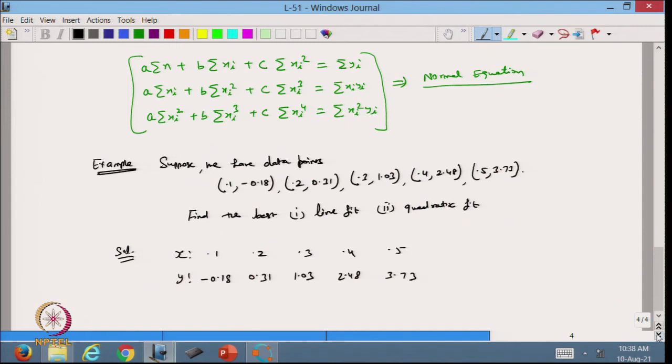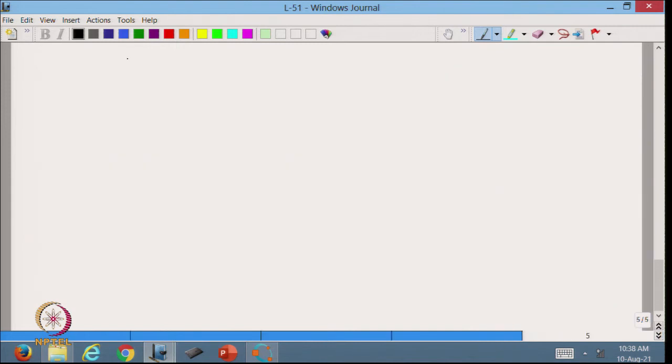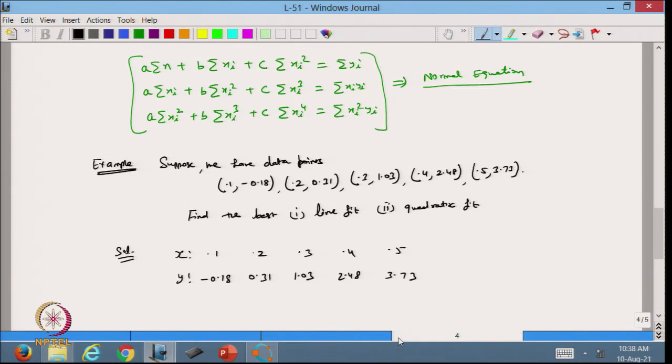Now, if I take the line fit, case 1, the best line fit, because this is where the error is the least. That is why it is the best fit.